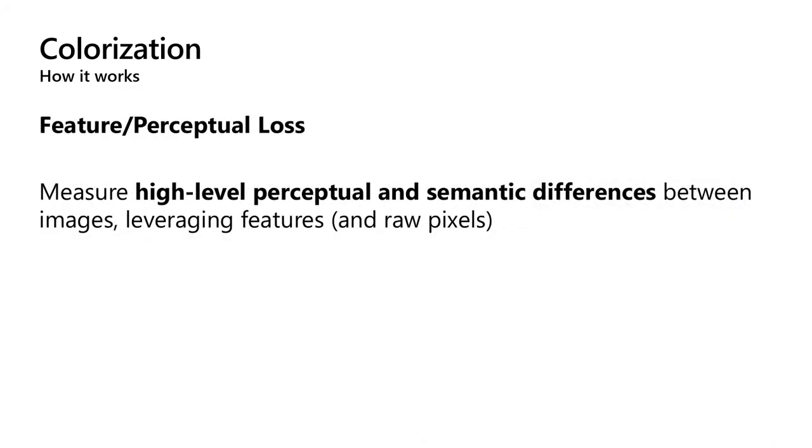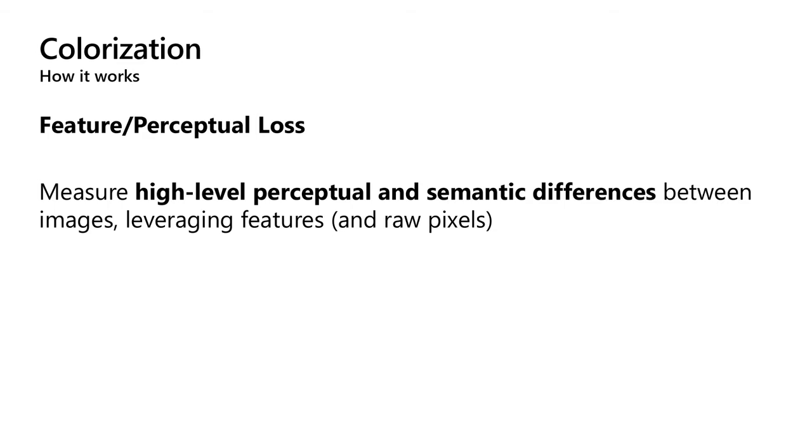Last but not least, we need to measure the difference between the target images and the generated ones, in such a way that the network can be trained and understand its errors to improve. We use a feature loss. It's a perceptual loss, which is able to give a score which can measure the differences between the high-level features, meaning if something was to be colored in a specific color, it is able to understand that if it uses another color, it's wrong.